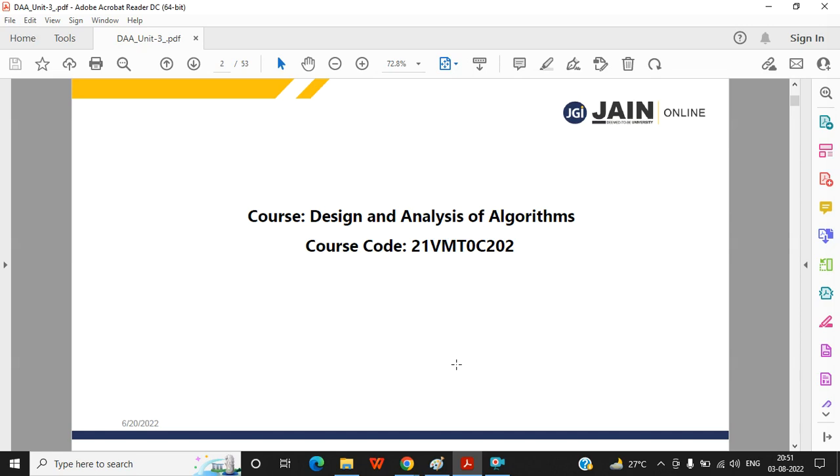If you remember in CA1 and CA2, you have some questions like: find the time complexity of the following code. So they gave a small piece of code, and from that code you have to find what will be the time complexity of that respective code.